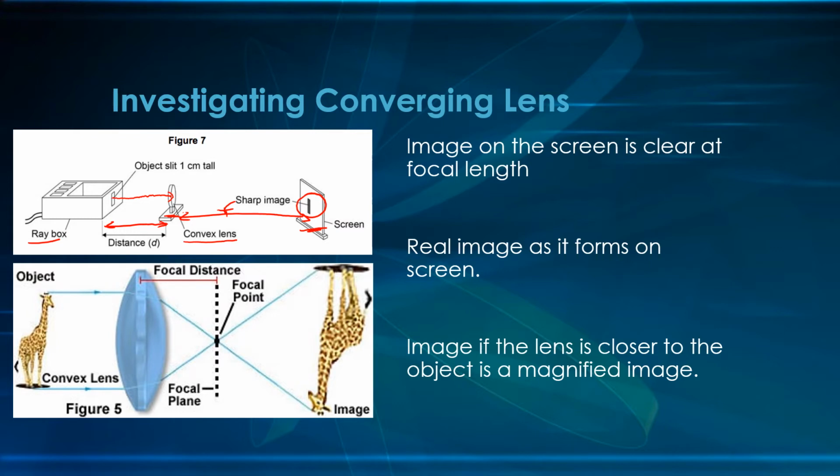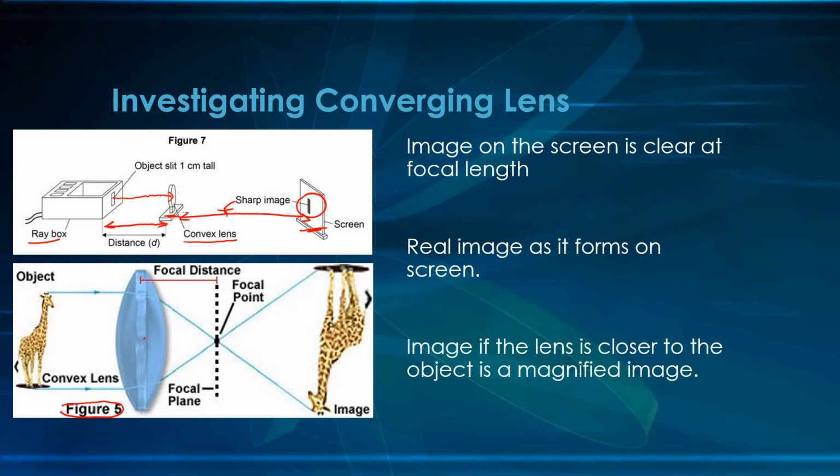Now the other thing you can do is look at magnification with lenses, and that's what this diagram down here, figure 5, is illustrating. Basically, if you put an object in front of the lens, so in this case we've got a giraffe, and we allow that image to be refracted, we'll get an image formed on a screen, or we can see that image inside the lens.